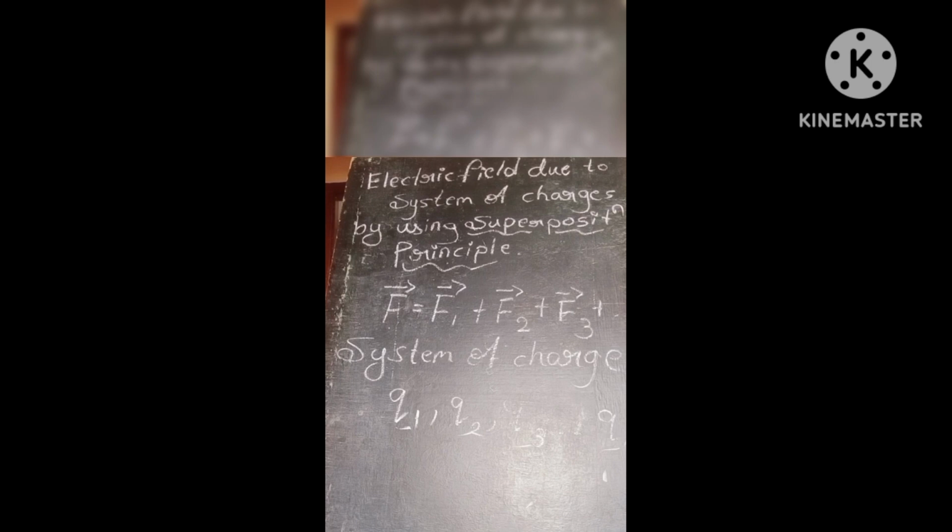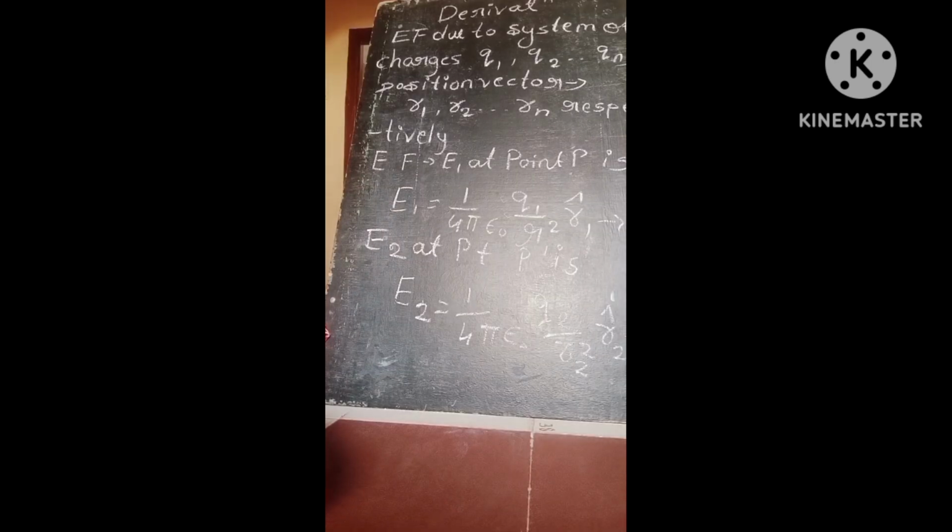Moving further to the derivation part, the electric field due to a system of charges. First we need to write the construction. I am considering the electric field due to a system of charges q1, q2 and so on up to qn.